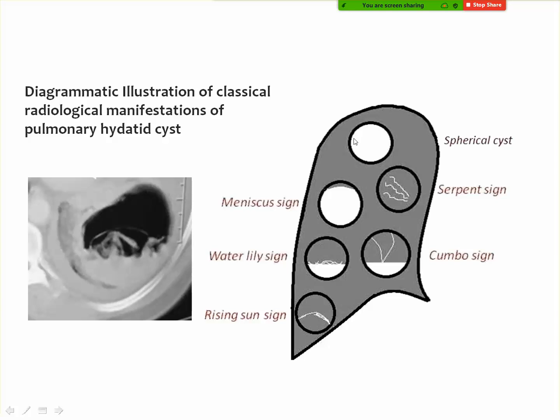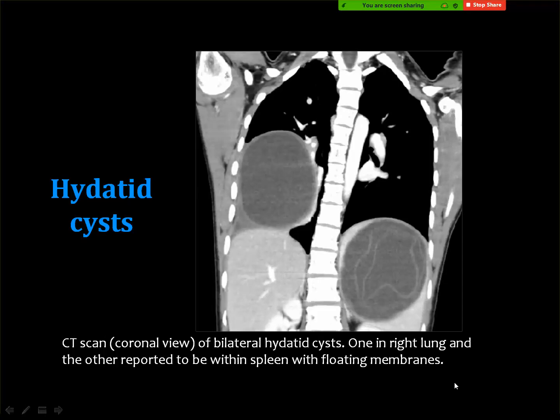The spherical cyst with no other features, just a simple cyst containing fluid, or a meniscus sign, which means you get air in the wall of the cyst, which is very characteristic, and the water lily sign, where you get a wavy appearance of the surface of the fluid level, and the serpent sign, where you get floating shadows inside the cyst, and this is known as the Camalote sign, where you get fluid level and some linear opacities, and this is the rising sun sign, also one of the signs of hydatid cyst.